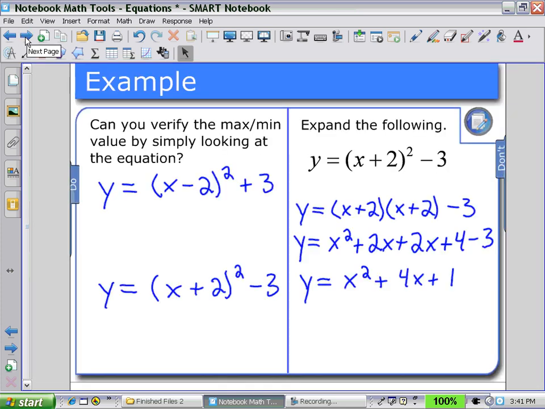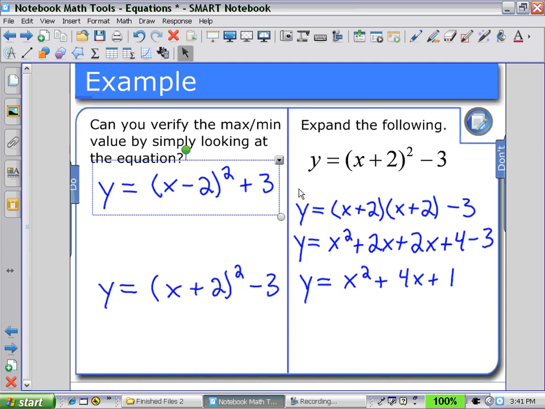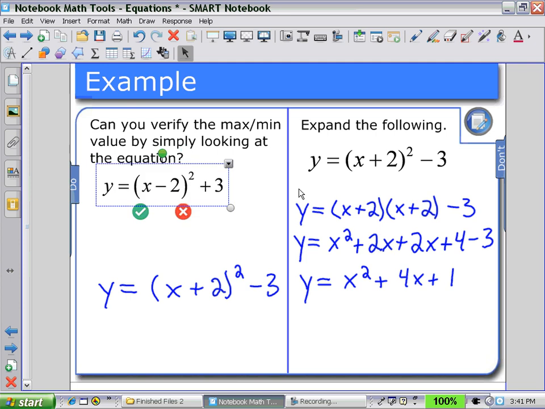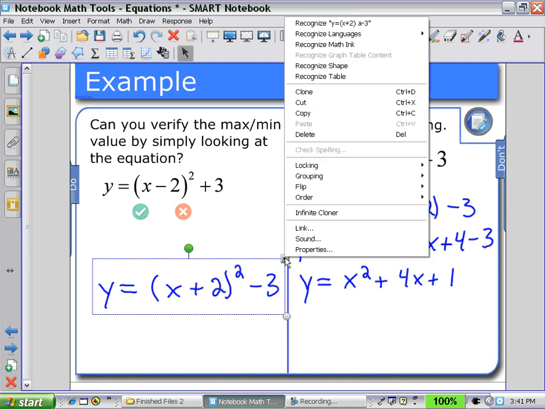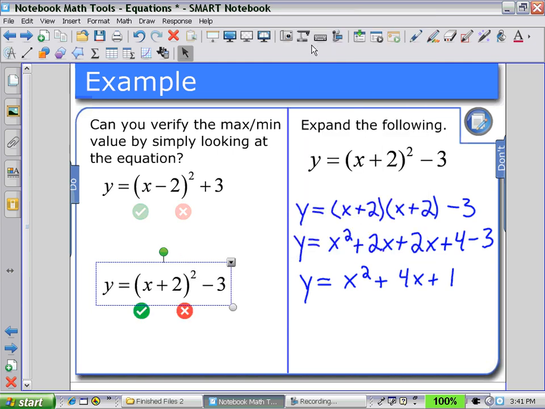Here's an example of how this might be used. There are some do's and don'ts. First example, can you verify the maximum minimum value by simply looking at the equation? Now this is maybe a little bit confusing for students when they see it in writing, but as I start to use the tool to recognize the expression or the equation for both of these, it might make it easier for the students to recognize the values required to answer this question.